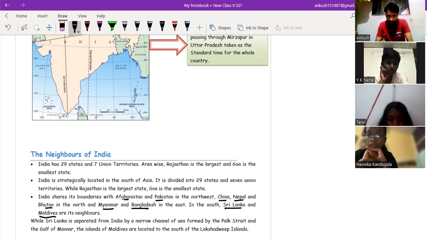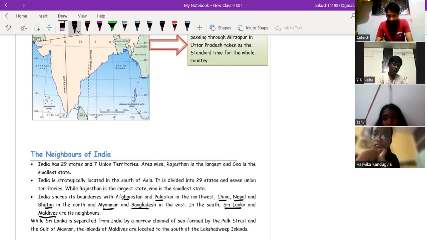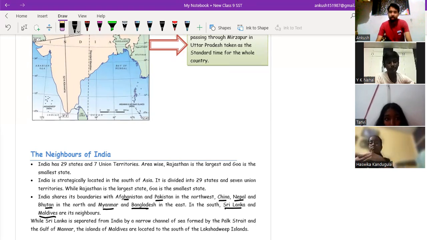Did you get it? Sri Lanka is separated from India by a narrow channel of sea formed by the Palk Strait and the Gulf of Mannar. The islands of Maldives are located to the south of Lakshadweep island. Okay, Lakshadweep island is in which sea? Bay of Bengal.